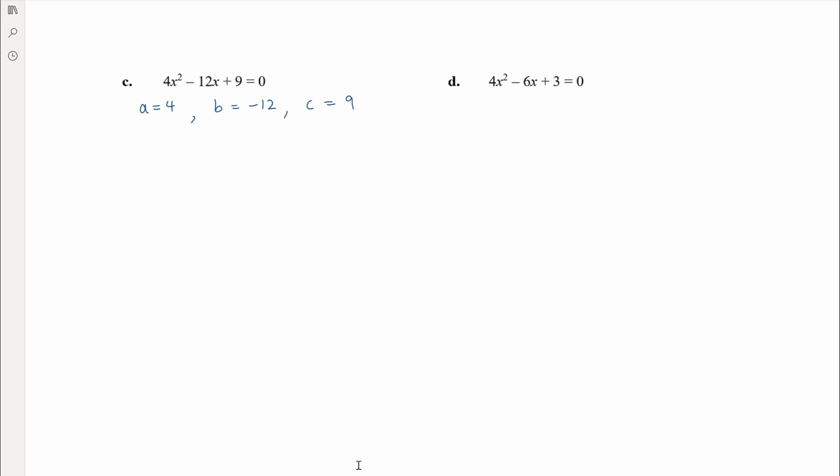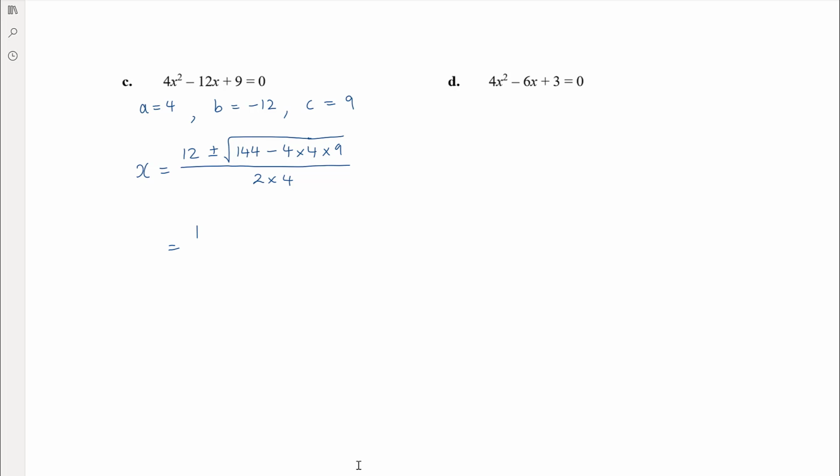Okay, so x is equal to negative b, so negative negative 12, that will be positive 12, plus or minus the square root of b squared, now negative 12 squared is 144, minus 4 times a, which is 4, and times c, which is 9, all over 2 times a, which is 2 times 4.